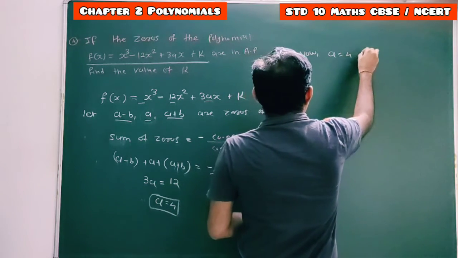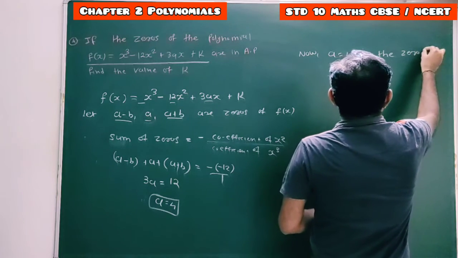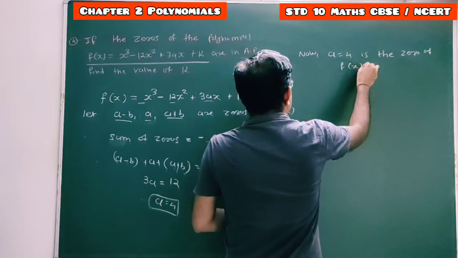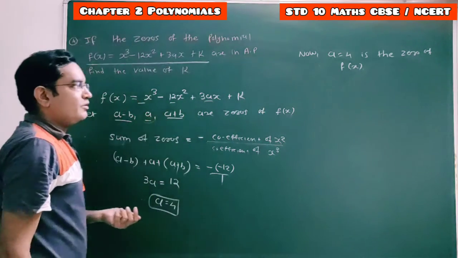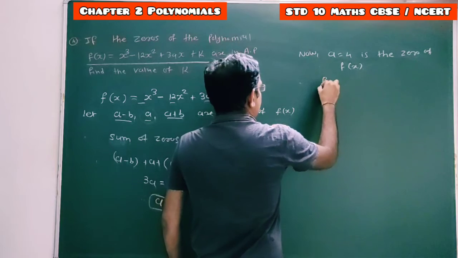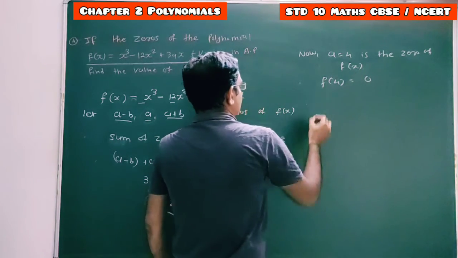a equal to 4 is a zero of the given polynomial f of x, and therefore we can say the value of this polynomial at x equal to 4 will be 0.